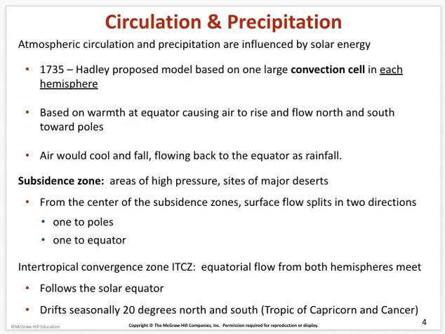The intertropical convergence zone, or ITCZ, is an equatorial flow where both hemispheres meet, so they're coming the same way. It still follows the solar equator, but typically drifts north or south, and that will vary between the Tropic of Capricorn, the equator, and the Tropic of Cancer.